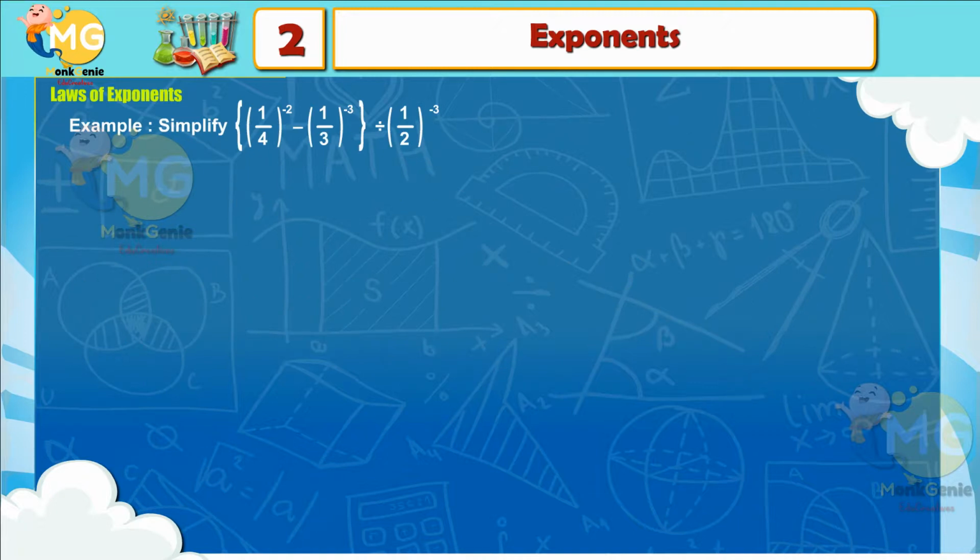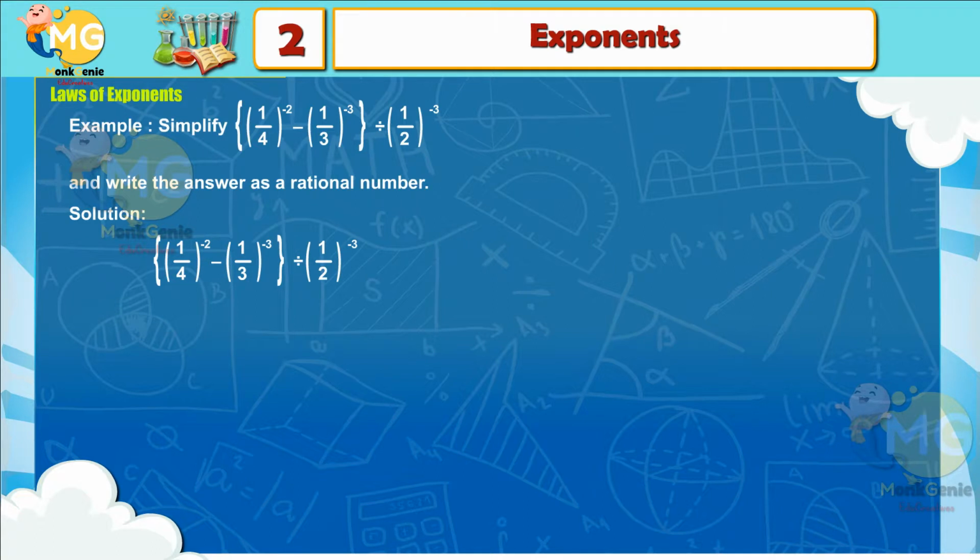Example. Simplify (1/4)^-2 minus (1/3)^-3 divided by (1/2)^-3, and write the answer as a rational number.